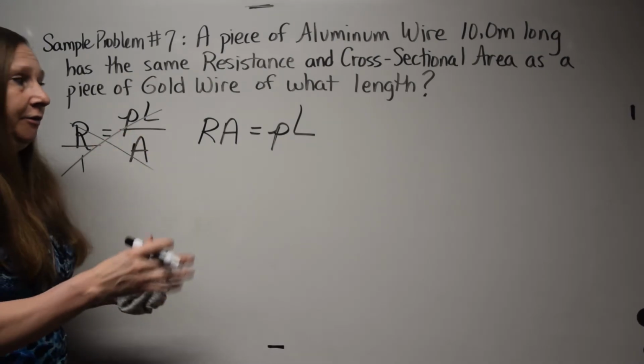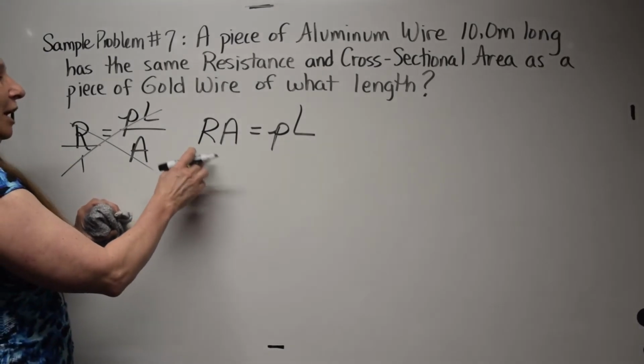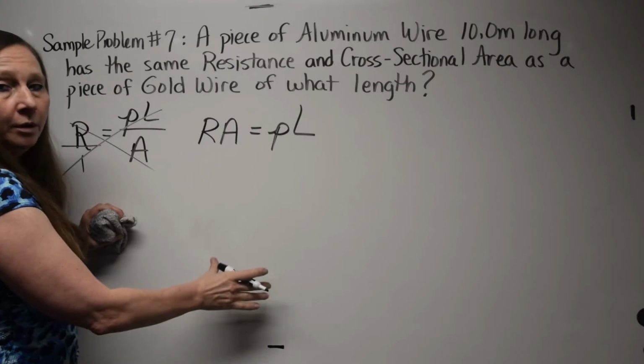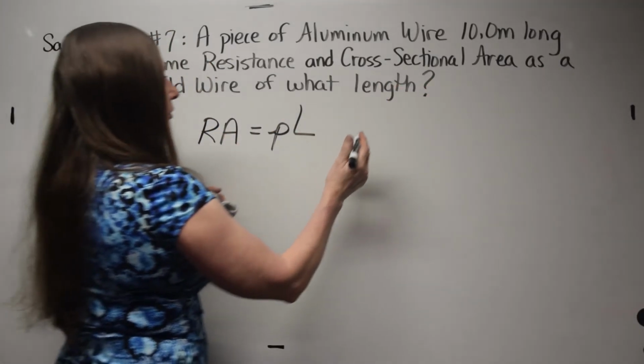I know it doesn't really matter if you put them together on the left or on the right. Just pick one. So I've put them together on the left side. Now we want to look at the aluminum and the gold. We'll look at the aluminum over here. We'll look at the gold over here.